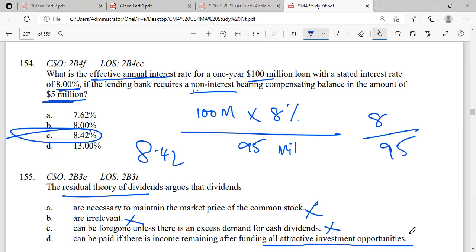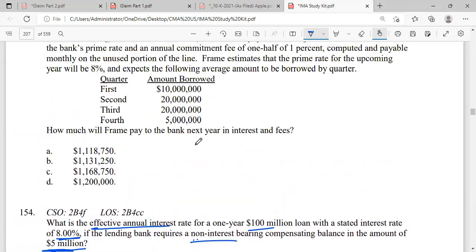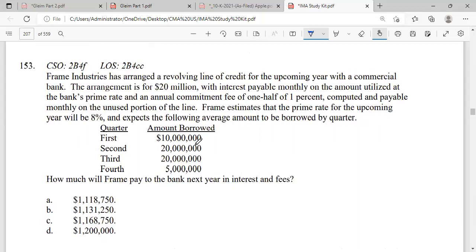After you have invested your money elsewhere in the most profitable manner, if there is money remaining with you, you can pay it in dividends. Is that clear, everyone? I hope everyone is following this session.